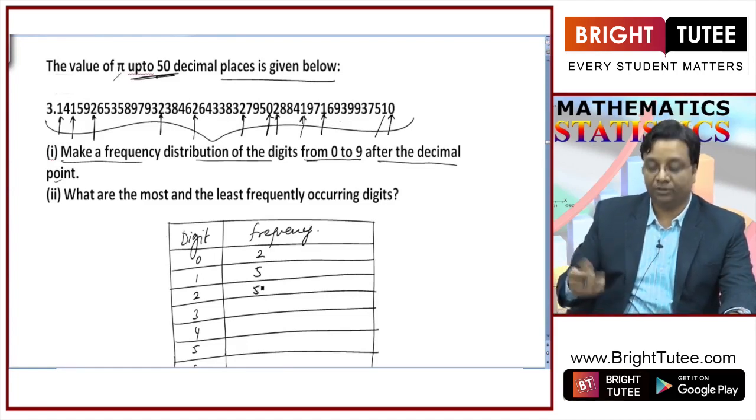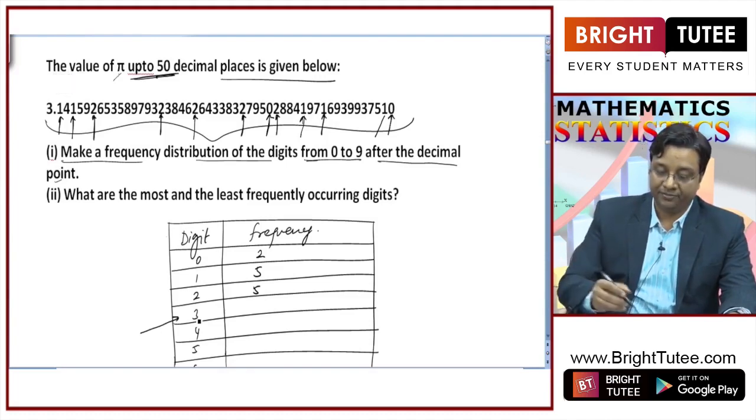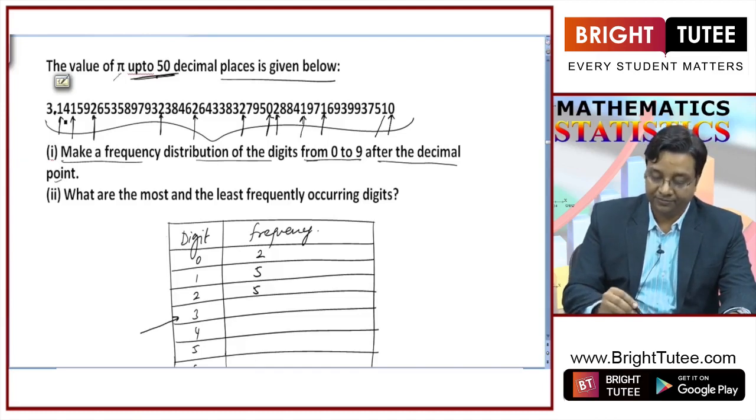So you will keep going on like this. You just have to count how many times the digits appeared. So now I'll count how many times 3 appeared after this decimal.